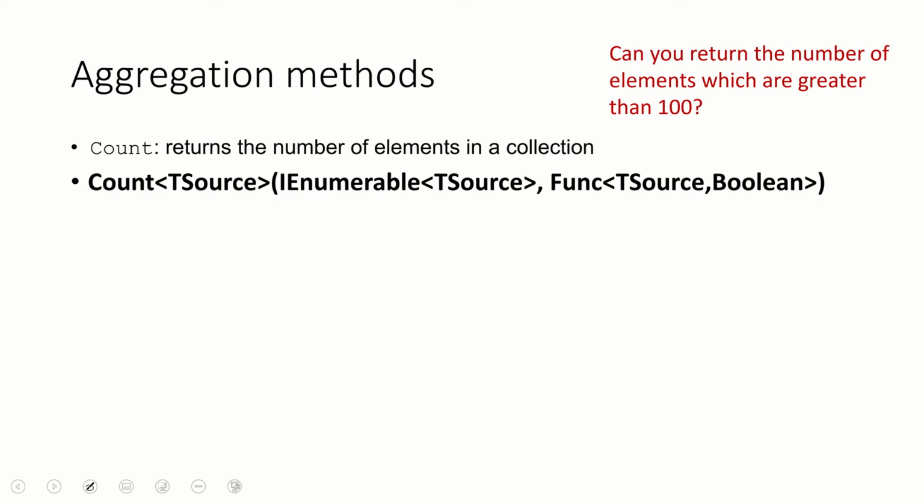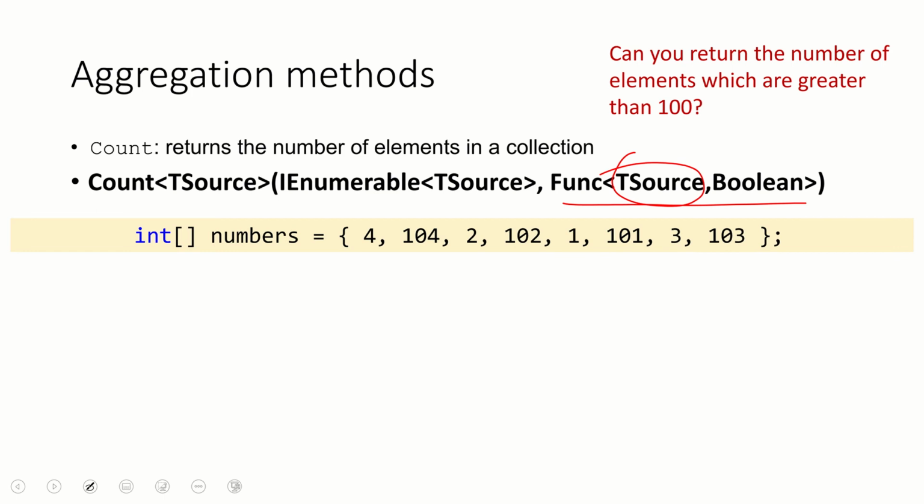This one is a method called count. It will return the number of elements in a collection, which can help you count how many elements match some condition.